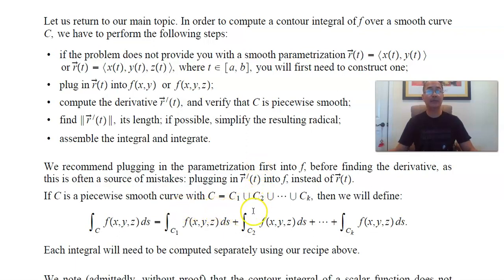If you are not given a smooth curve, then hopefully we will have what is called a piecewise smooth curve, where you have several curves literally connected together so that each curve is smooth, but maybe at the connecting points, you don't have a derivative or your derivative is 0, okay? In which case the contour integral is just the sum of the integral of the same function over the component curves.